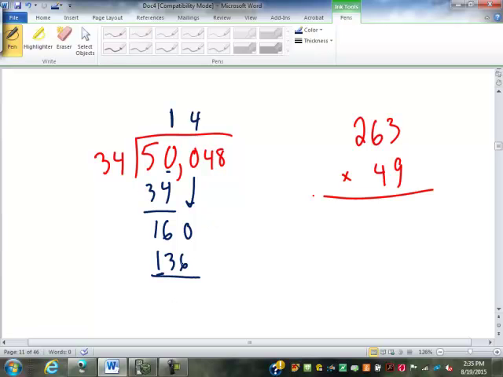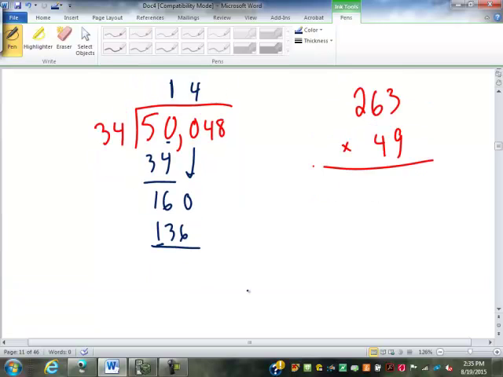Then what? Subtract it. Get 24. Bring down the 4. 7 times. Now the 4 is the last digit we use, so the 7 goes above the 4. 238. Then what?